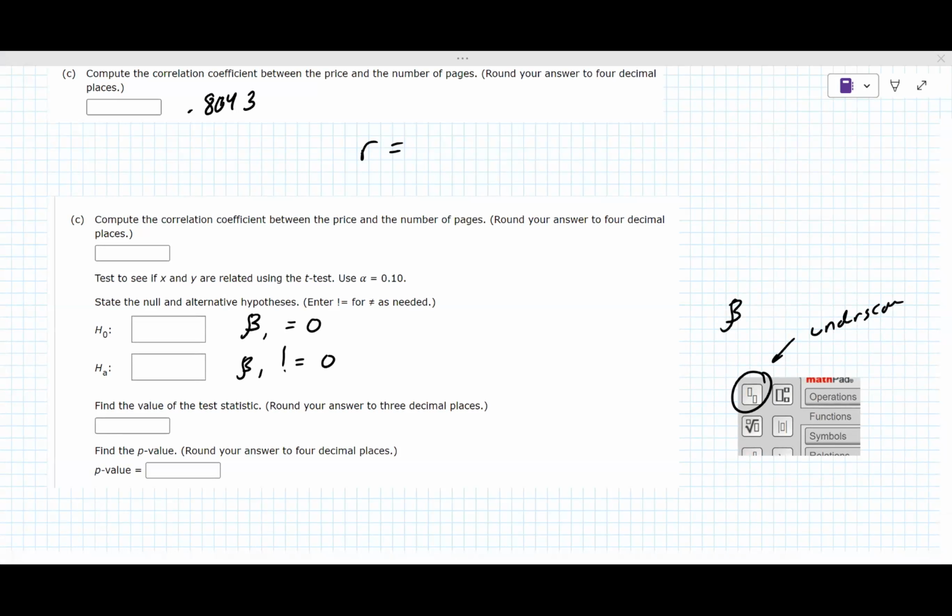Yes. Okay. I didn't like the second one. I did B1 and then 1 equals 0. It's the exclamation point though. The exclamation point equal 0. Okay. Try that, please.